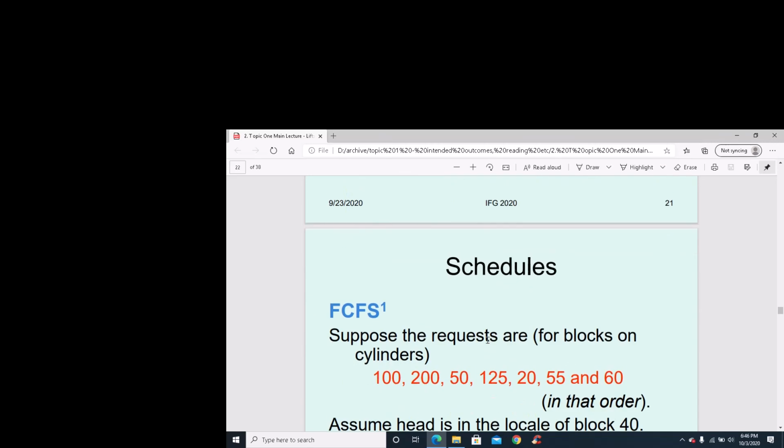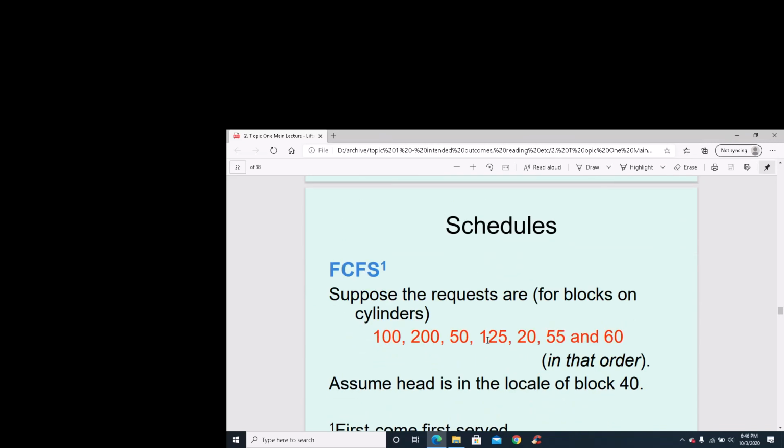So here is the core of our talk, schedules. I want to think of an applicable schedule to the requests, a list of requests for reading and writing the hard disk. And I'm imagining that I've got this list from left to right that have arrived in that order.